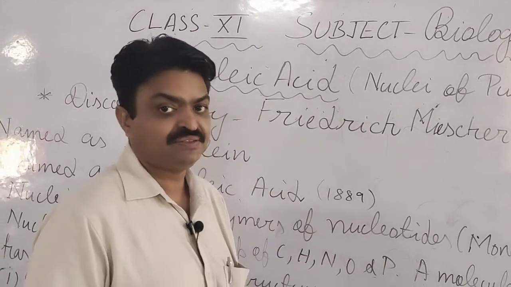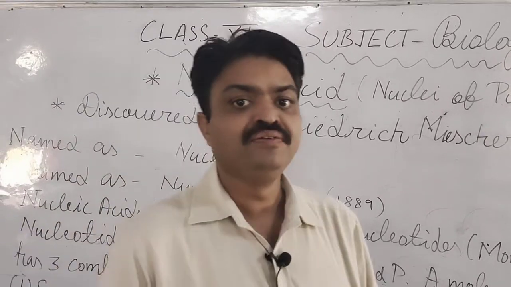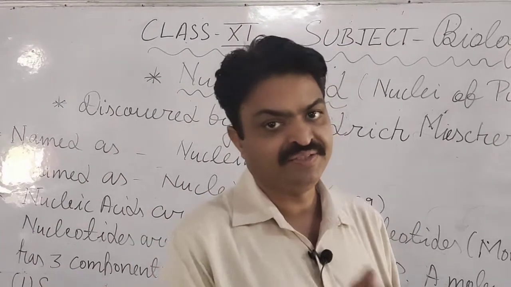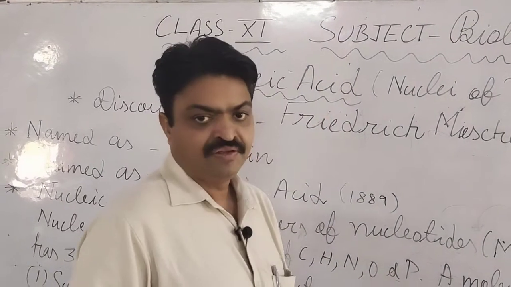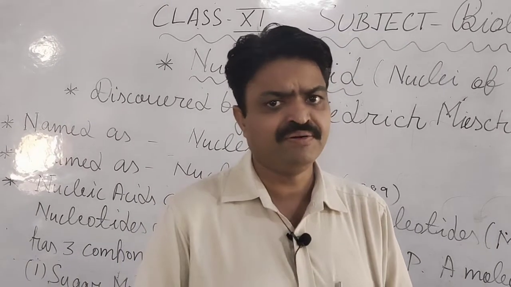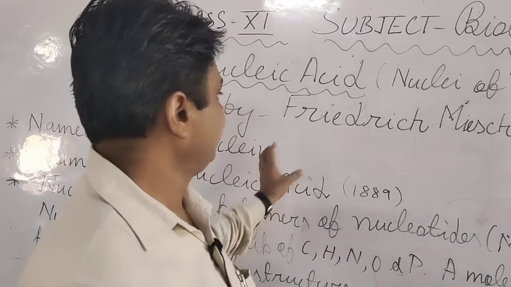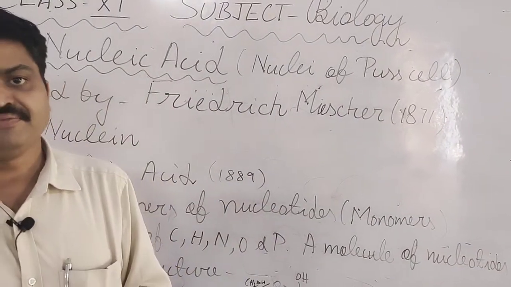Today we will discuss one important biomolecule that is also known as the unit of inheritance. And what is it, student? It is nucleic acid. This nucleic acid concept was first given by a great scientist, Friedrich Miescher, in 1871.